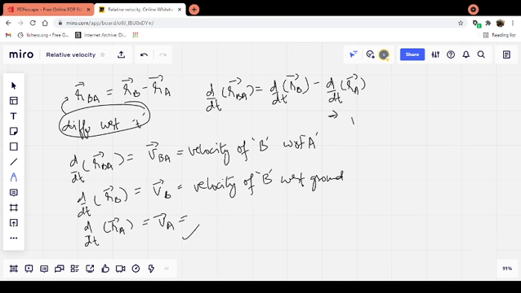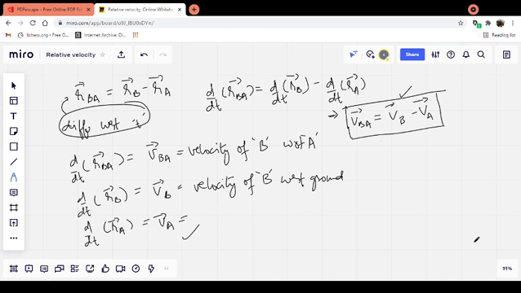This implies velocity of B with respect to A is equal to velocity of B minus velocity of A. So this is our equation for relative velocity.